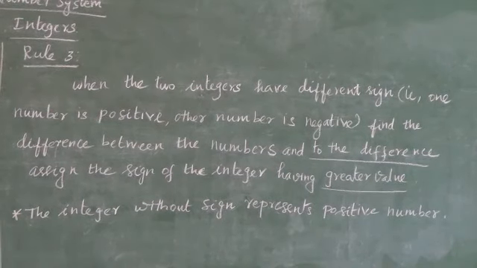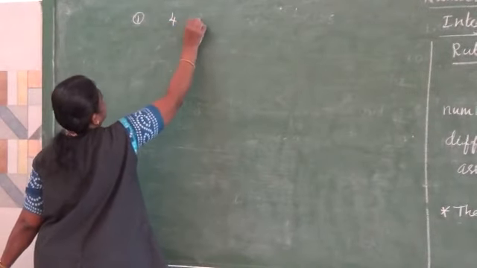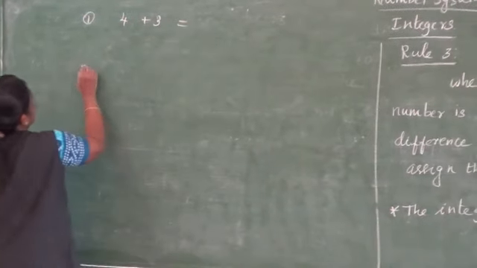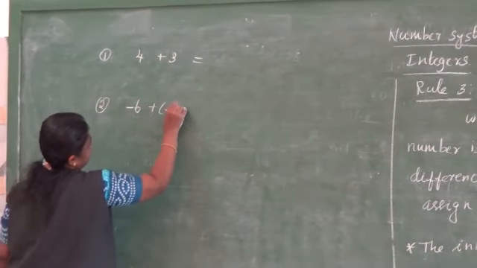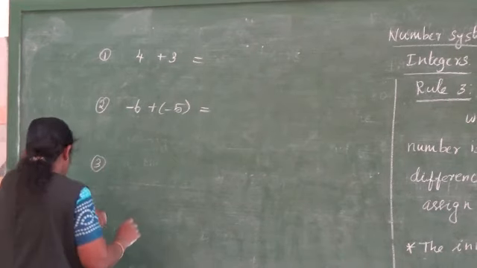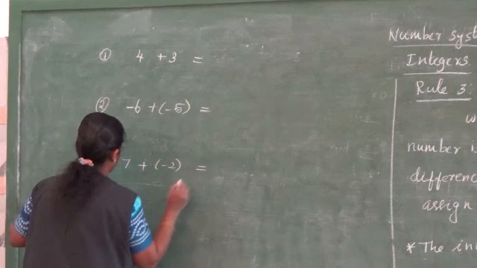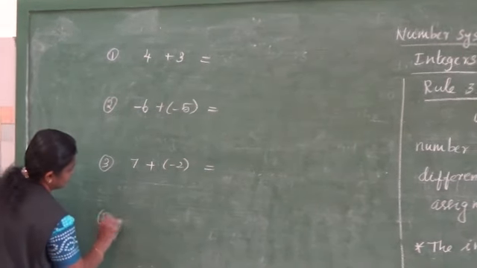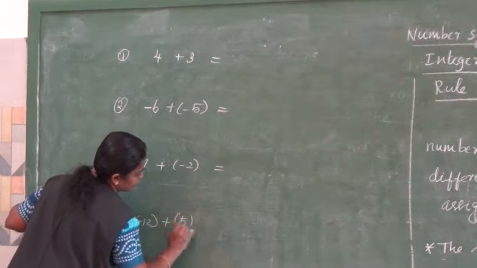The first problem is 4 plus 3. The second problem is minus 6 plus minus 5. The third problem is 7 plus minus 2. The fourth problem is minus 12 plus 5.